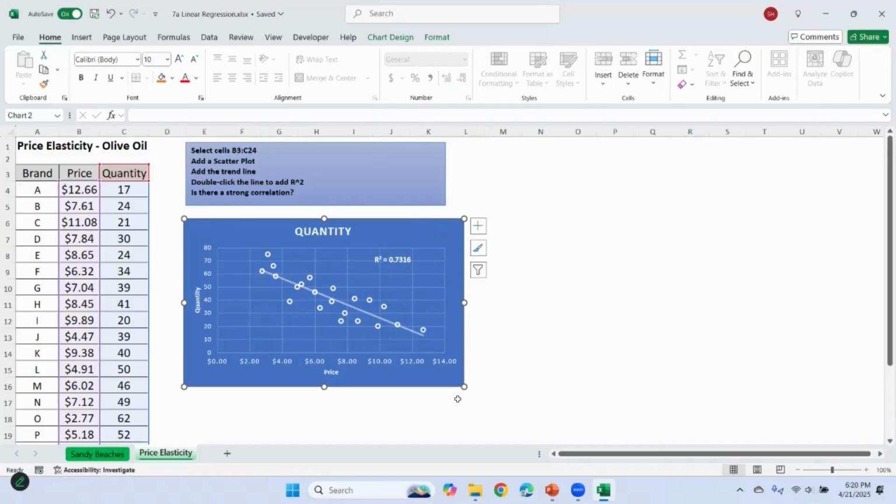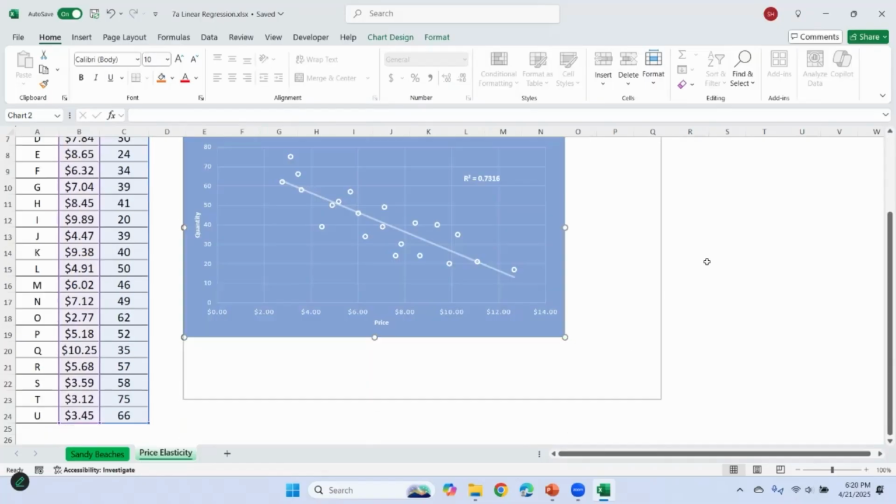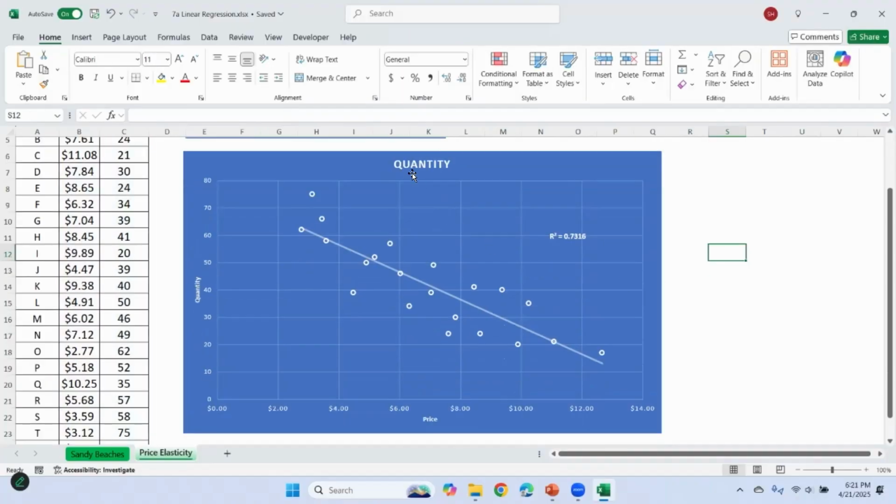Okay, let me explain this. So what's happening here? What's going on here? Can someone talk about this? We have the quantity of the olive oil, and then here we have the price. What can we say about this one? So the price is like $2, $4, $6, like that.